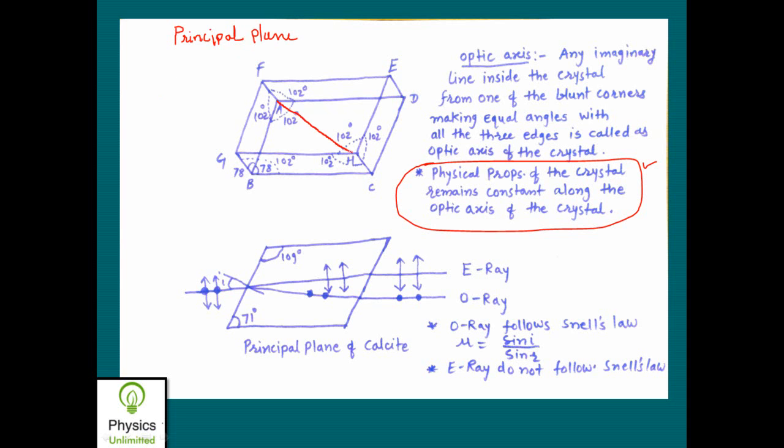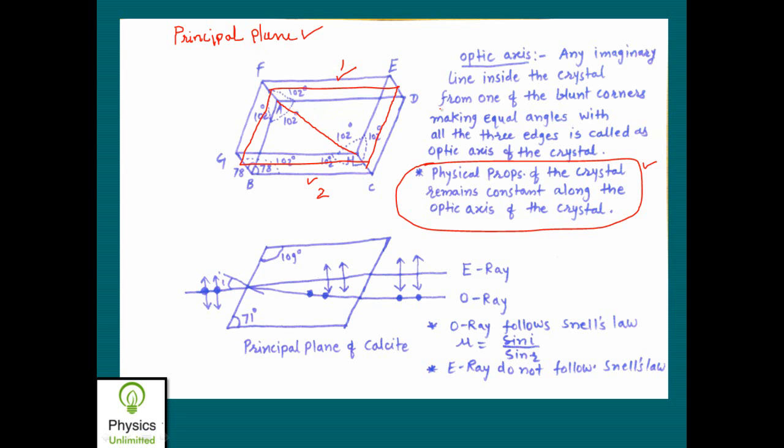So if I draw a plane which contains the direction of optic axis and is perpendicular to the two opposite faces of the crystal, this is one opposite face and this is another opposite face. For these two faces this plane is perpendicular and it contains the direction of optic axis. Such a plane is called a principal plane.